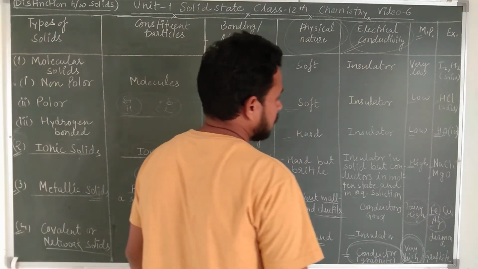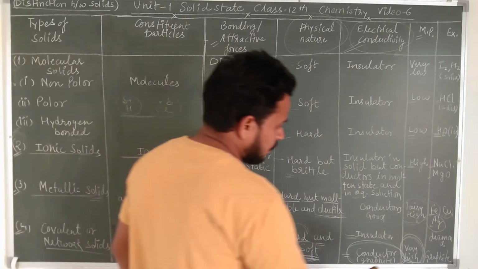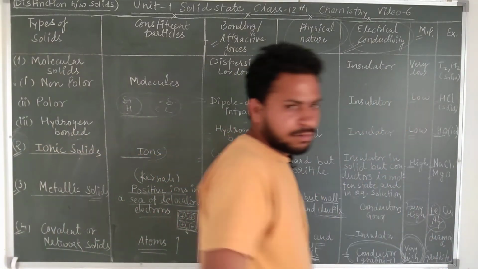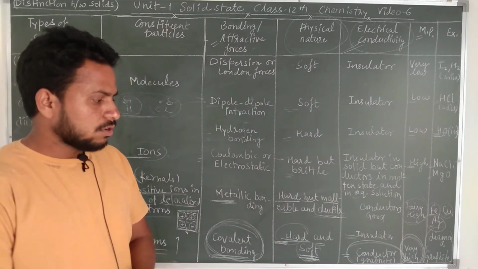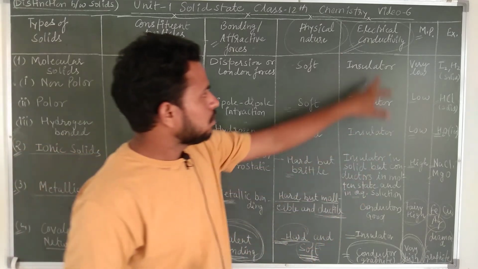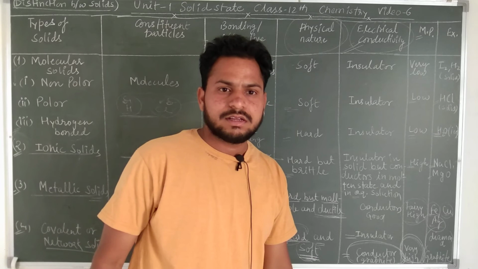For example, diamond and graphite are the most popular examples of covalent solids. Diamond does not show electrical conductivity, but graphite shows electrical conductivity.